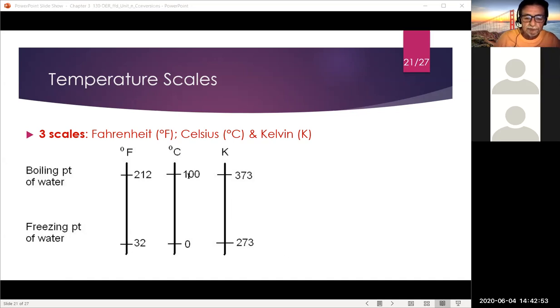To get to Kelvin, all you do is take Celsius and add 273. So 100 plus 273, you get 373. 0 degrees Celsius is the freezing point of water, which is 32 in Fahrenheit, and that corresponds to 273 in Kelvin. So those are the three temperature scales that we utilize.